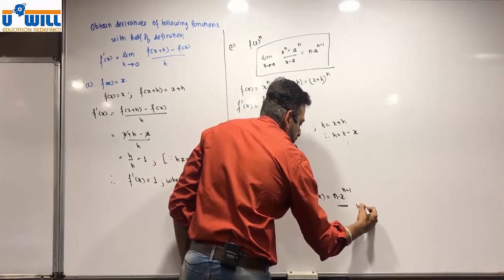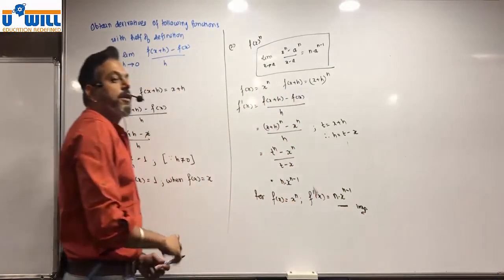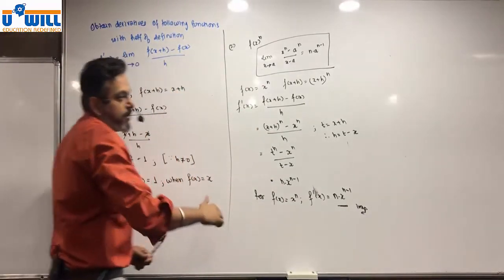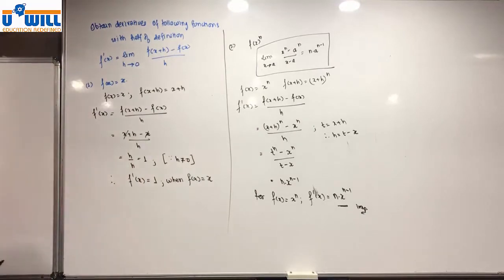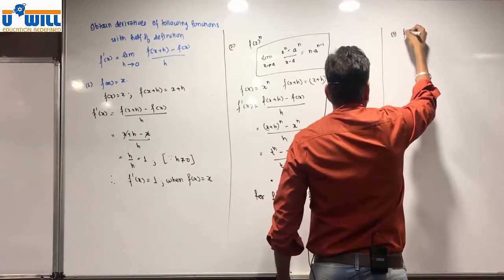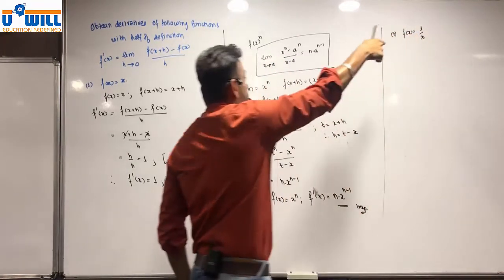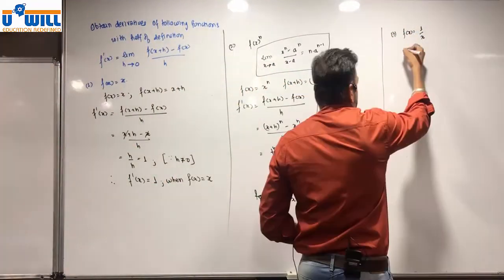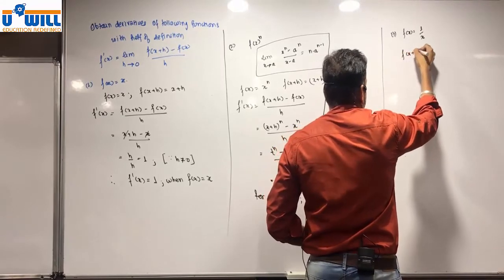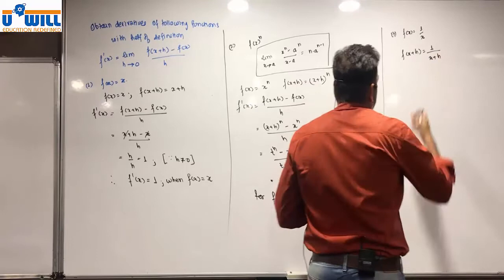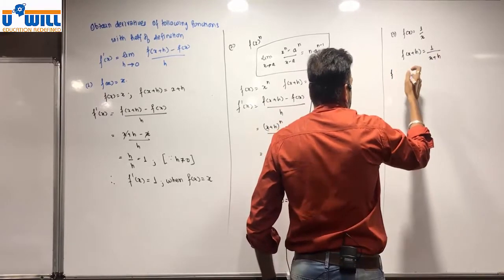Very important. These are basically rules which we are deriving. They are given as illustrations. ये सब तुम्हें learn करना है because further equations में आएगा. Third, f of x is equal to 1 by x. Find the derivative of this function. f of x plus h is equal to 1 upon x plus h. We need to solve this function.